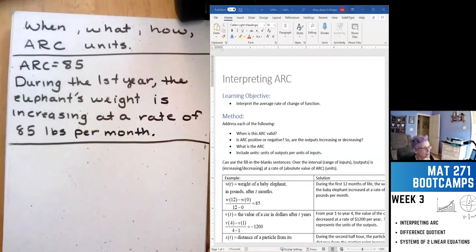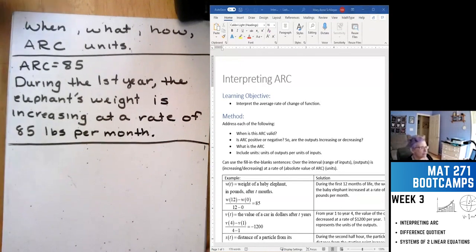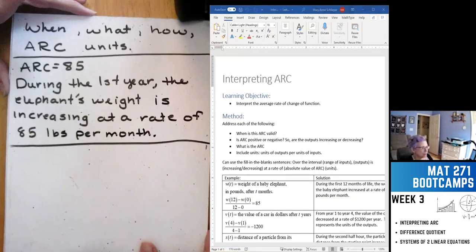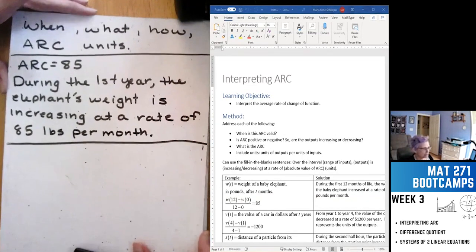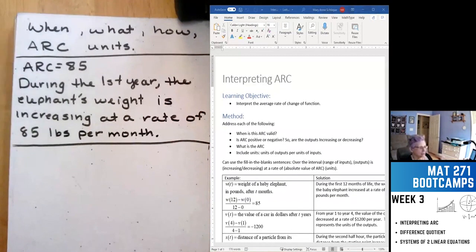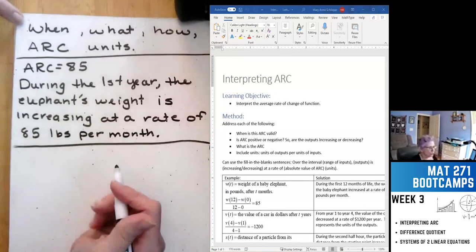V of T is the value of a car in dollars after T years, and I should have said T years after purchase, but I think you can figure out what I meant there. And we have that V of 4 minus V of 1 over 4 minus 1 is negative 1200. So to interpret that, when?